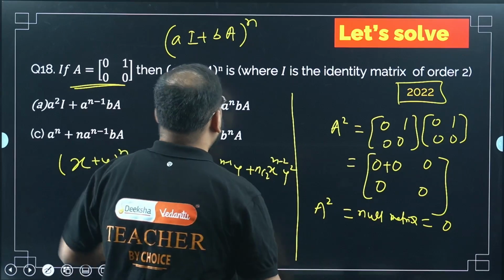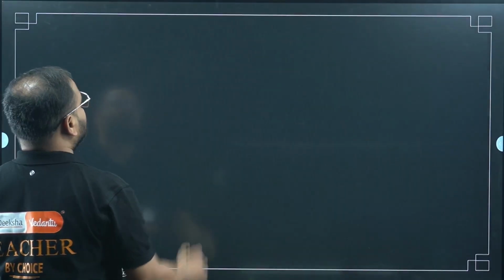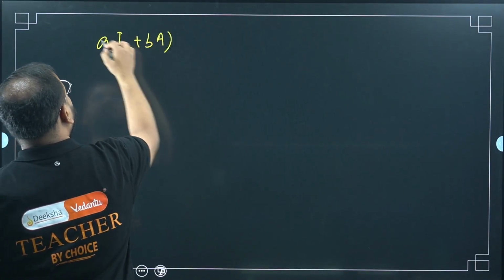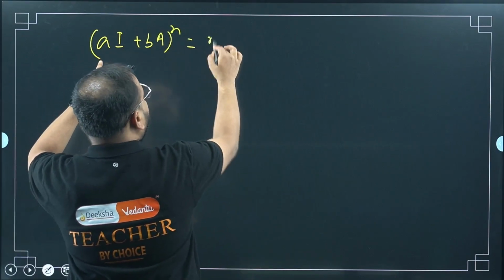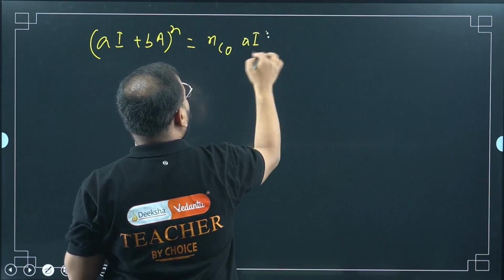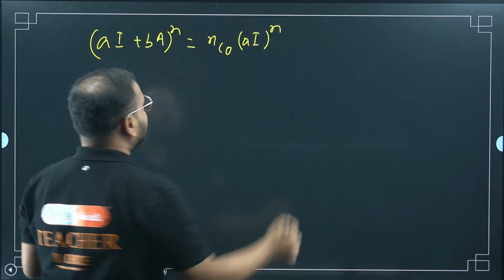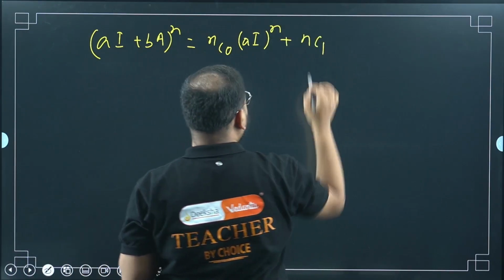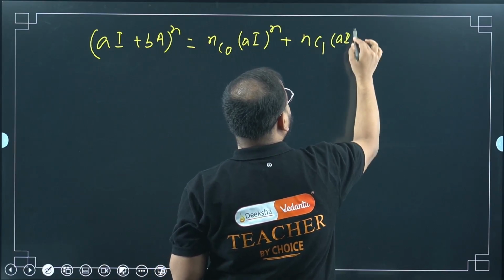Okay, let's see now the question. (8I plus BA) to the power n. Let's apply the expansion to this. I'll keep the first one with nC0 and this 8I to the power n, right? BA will not be there. Next one is nC1, 8I to the power n minus 1, multiplied with BA one time.